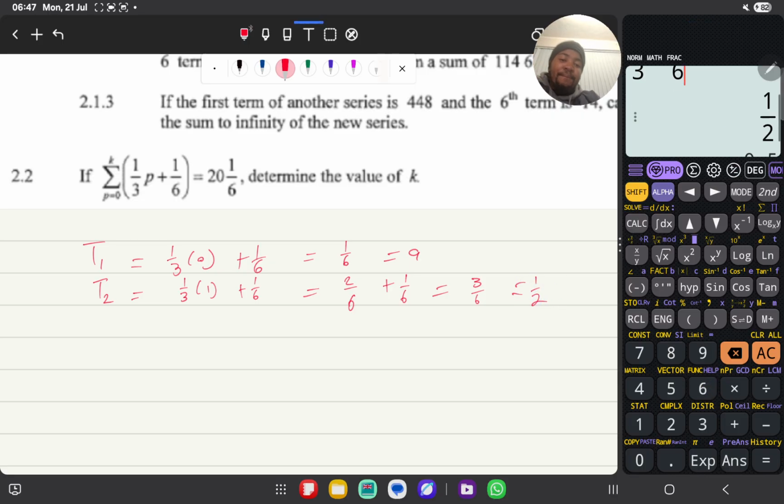Which is half. You see? So now, if I want to find d, I can say d equals t2 minus t1, which is going to be half minus 1 over 6. So half, that is 3 over 6 minus 1 over 6, which is 2 over 6, which is 1 over 3. So d is 1 over 3.